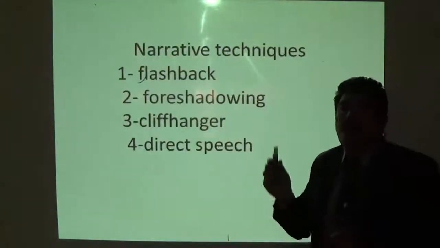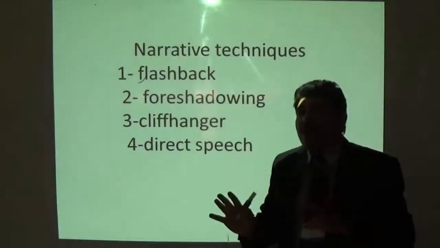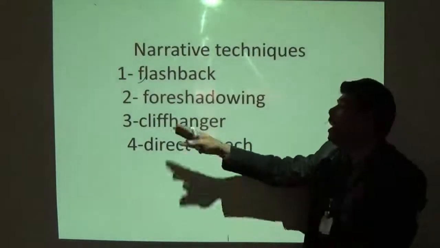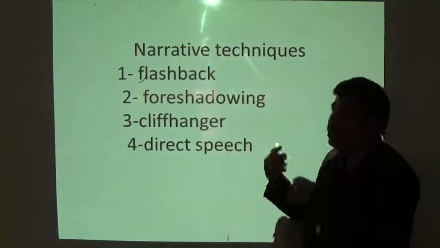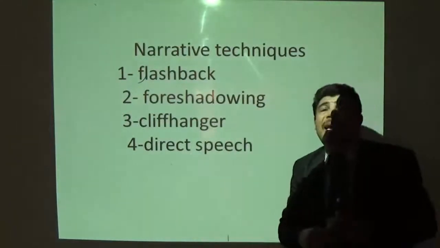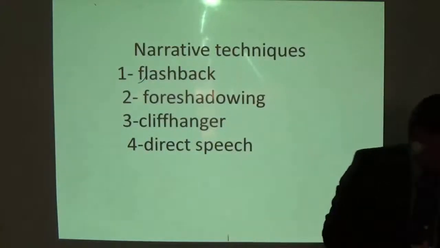Cliffhanger is when he didn't give you an end for the story. This is what we call an open end. Cliffhanger means open end. He doesn't tell you what happened at the end. He leaves it for your imagination. Direct speech makes the story very vivid and very lively.